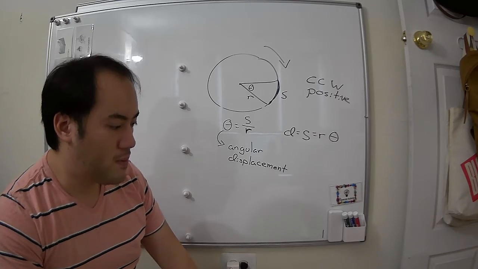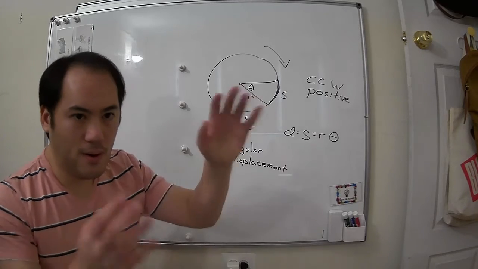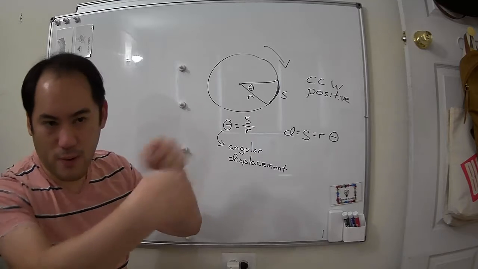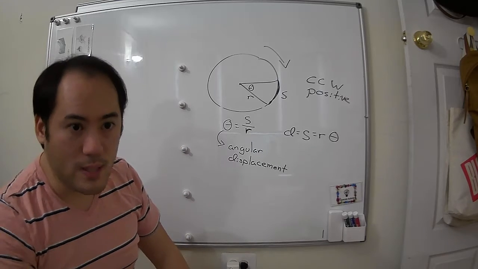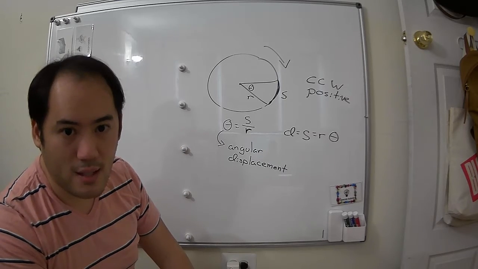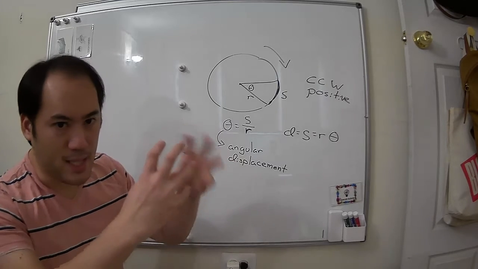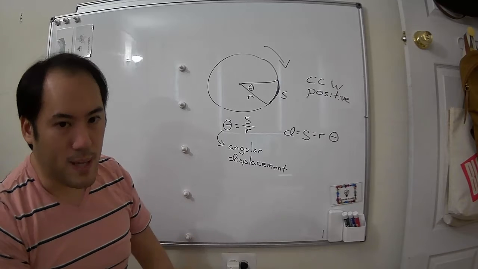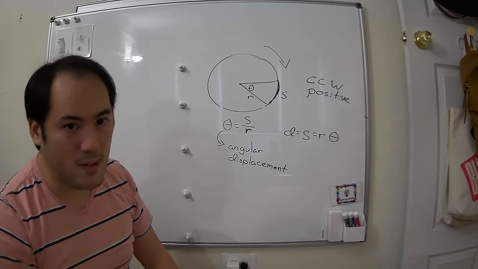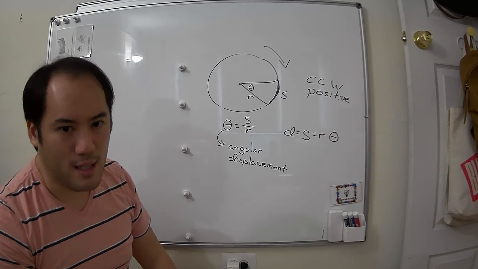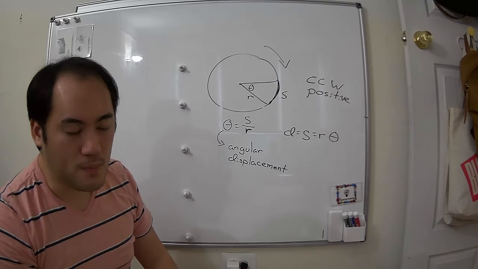If a ball is thrown in the air and it makes one full flip, we'll say it was displaced at an angle of 2 pi radians, even if every piece of the ball ends up in the same place. You might say the displacement's 0, but we'll still say the angular displacement is 2 pi.